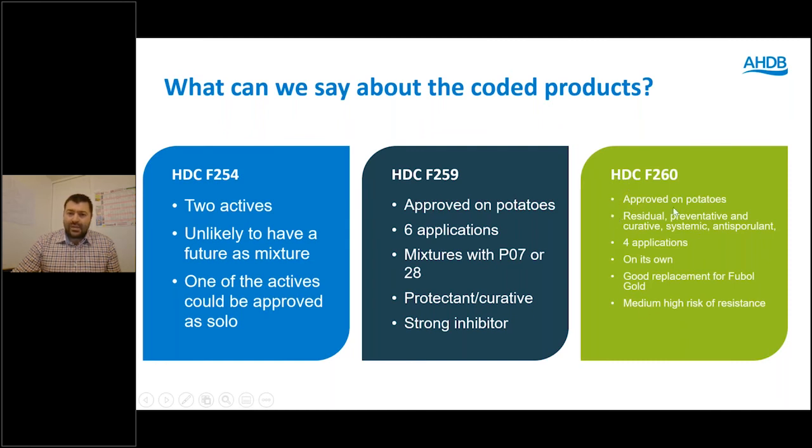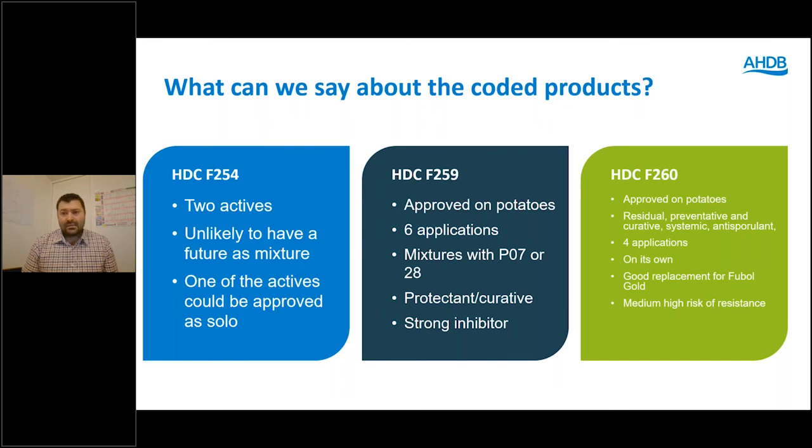The third product, and perhaps this is the most exciting product, the one that gave us the highest efficacy, is HDC 260. It's already approved on potatoes. It's a 2 active ingredient product. It has very long residual preventative and curative activity.